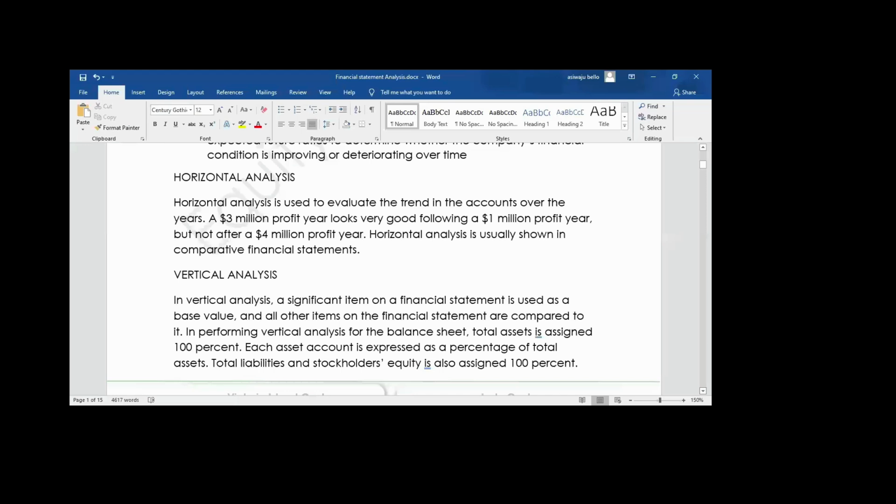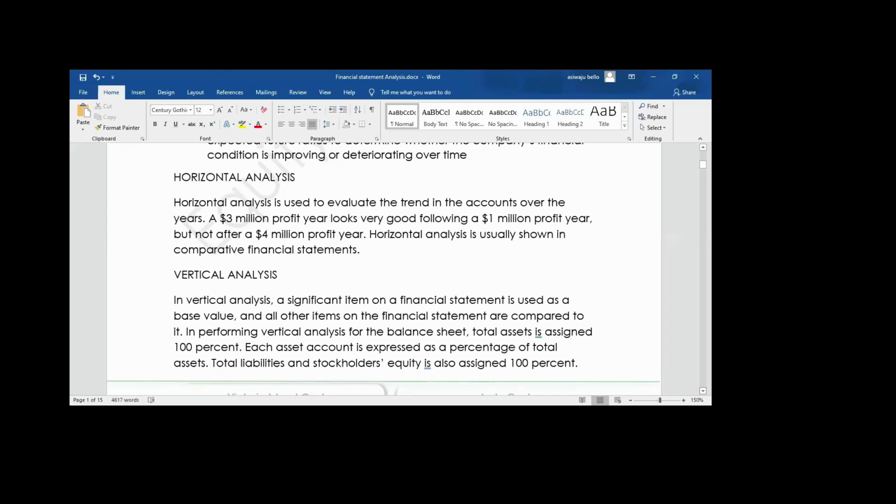All other asset accounts will be expressed as a percentage of total assets.